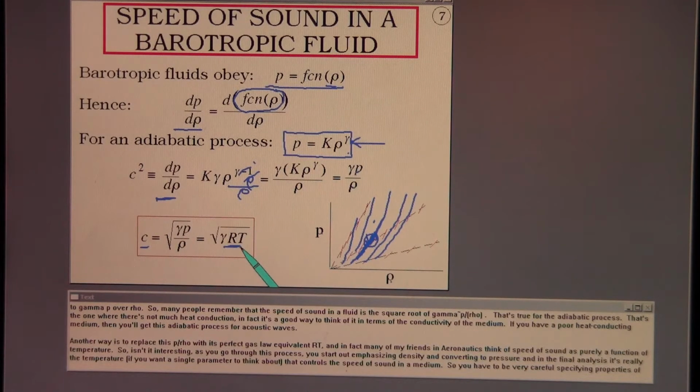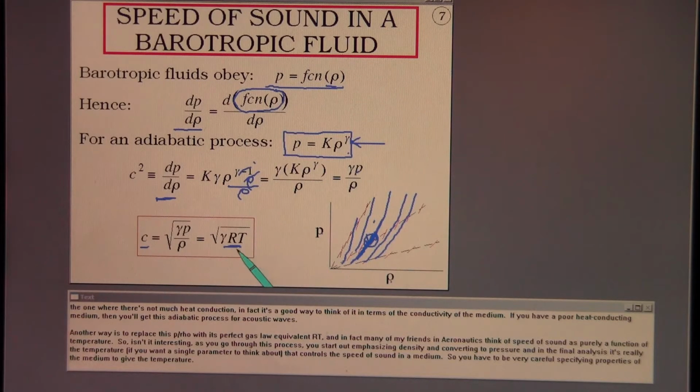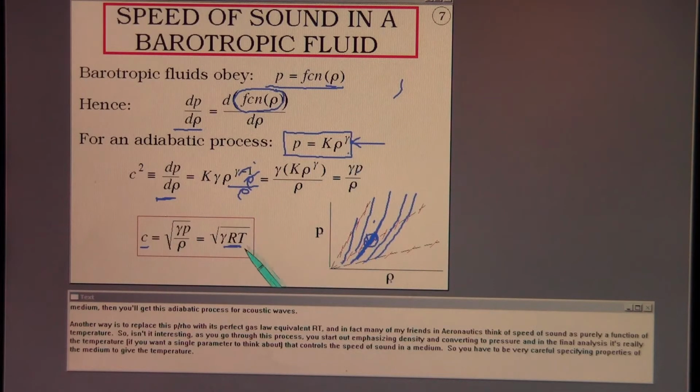And in fact, many of my friends in aeronautics think of speed of sound as purely a function of temperature. So, isn't it interesting, as you go through this process, you start out emphasizing density and converting to pressure, and in the final analysis, it's really the temperature that, if you want a single parameter to think about, controls the speed of sound in a medium. So you have to be very careful specifying properties of the medium to give the temperature.